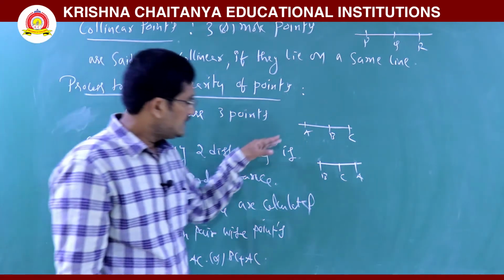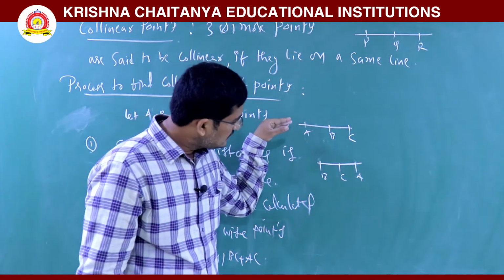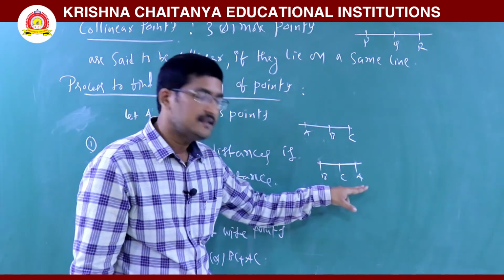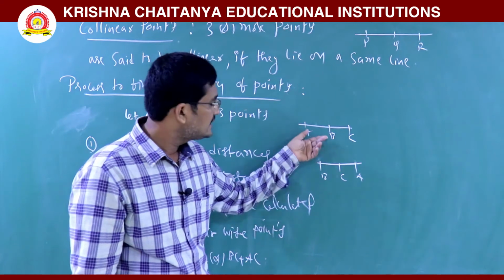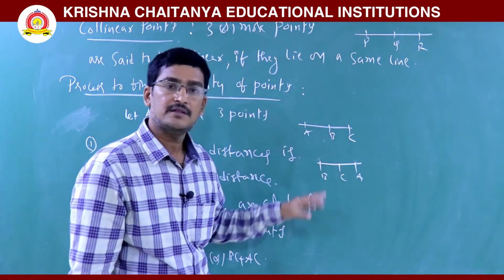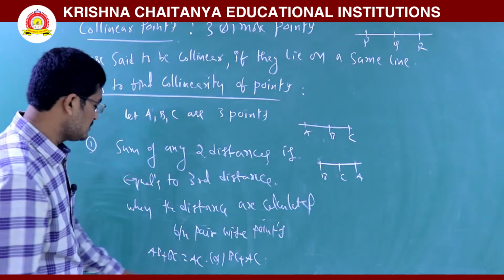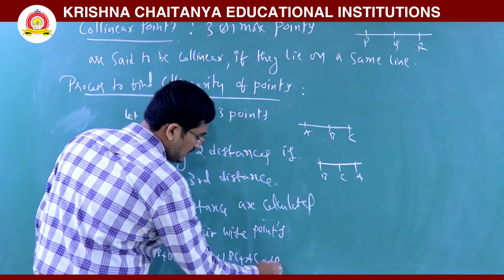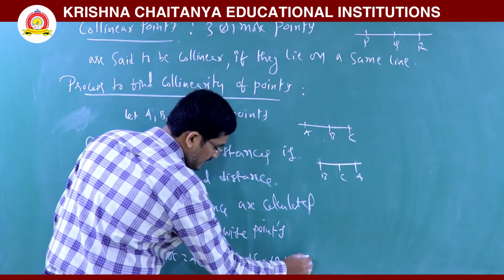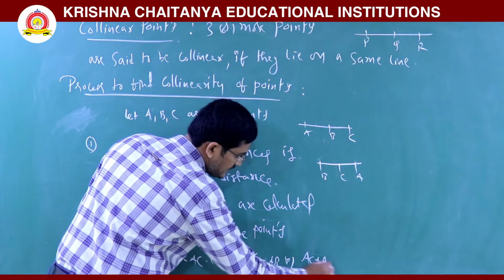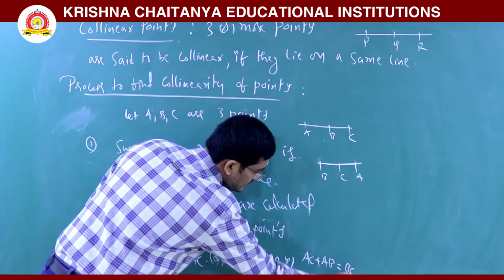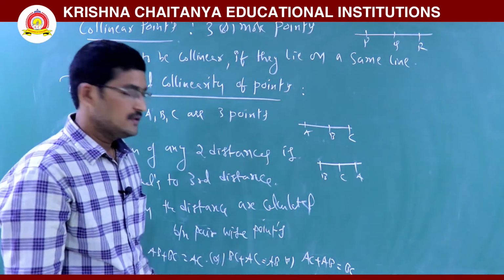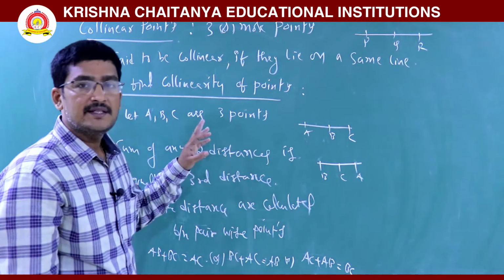Here A, B, C lie on this line in this order, but those 3 points lie on the same line here and here also. So AB plus BC equals AC, or BC plus AC equals AB, or AC plus AB equals BC. Suppose you prove this one or that one, then we say those 3 points are collinear.